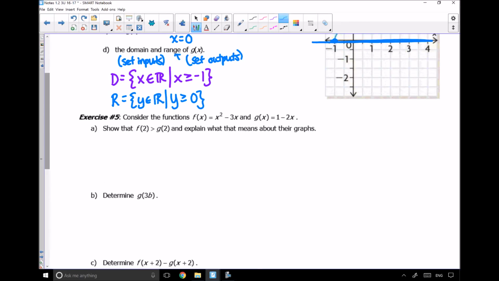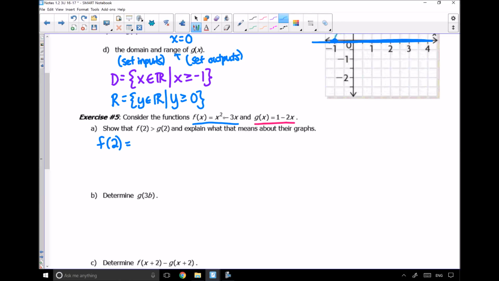Okay? All right, exercise number 5, we're going to do some algebra here. Consider the functions f of x equals x squared minus 3x and g of x equals 1 minus 2x. Show that f of 2 is greater than g of 2 and explain what that means about their graphs. To find f of 2, every time I see an x value, I'm going to replace it with 2.